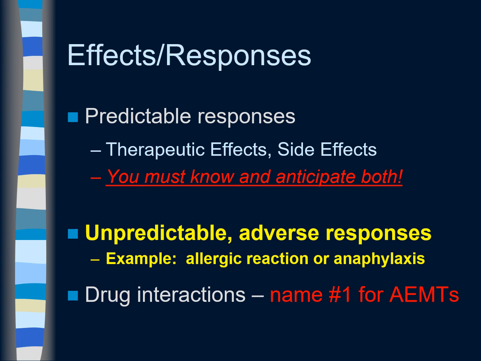This is probably one of the most important slides in this entire presentation. The effect of a drug or the anticipated response is known as the therapeutic effect. So predictable responses include the therapeutic effect, the reason that you're giving the drug, but it also includes a side effect. I'm going to use albuterol, the bronchodilator, as an example.